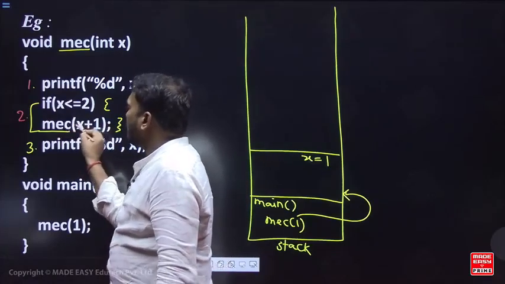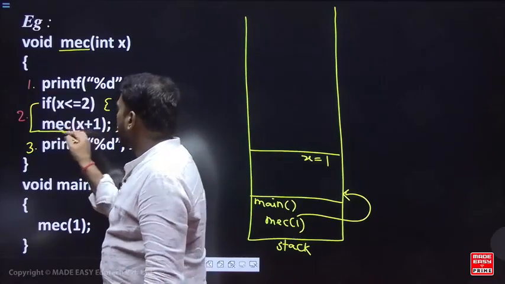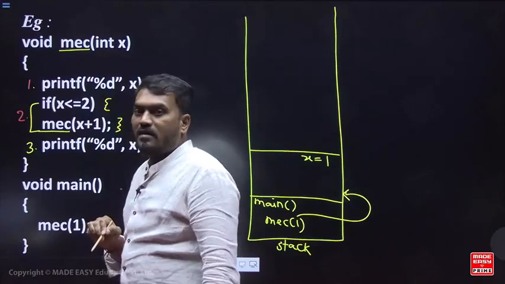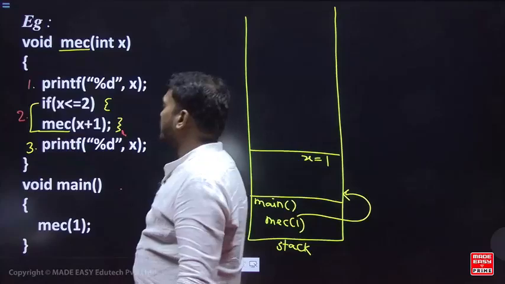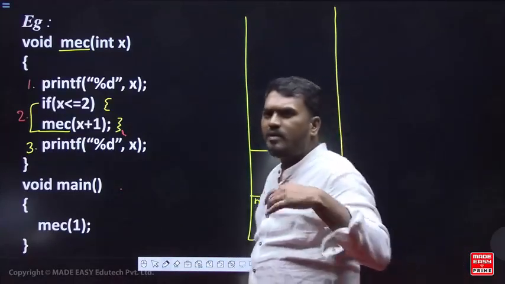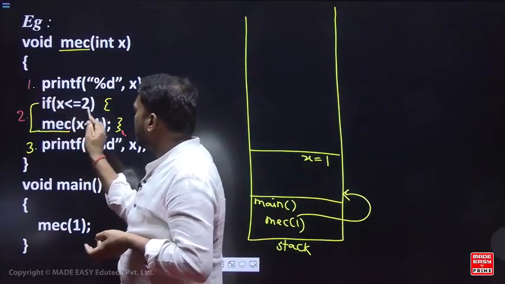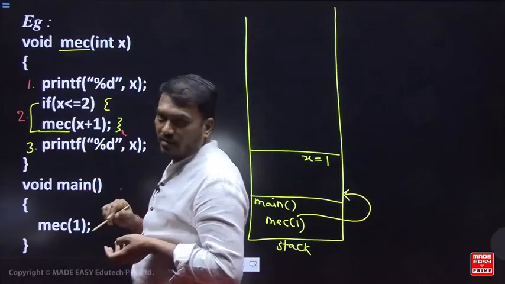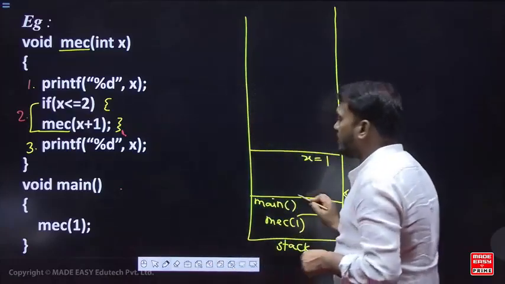If there is only one statement, there is no need for open and close braces. Everybody knows this, yes or no? Now whenever you call the MEC function, there are 3 statements: the first is printf x, then if x less than or equal to 2 recursively calling MEC function, and the third statement, printf x.